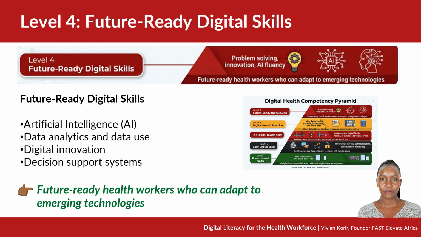They use data to inform decisions, to predict health trends and outcomes, and to improve the quality and efficiency of care delivery. This is where digital health becomes more than daily practice. It becomes transformational. Here, health workers are not just interacting with technology, they are shaping how technology is used in healthcare systems.